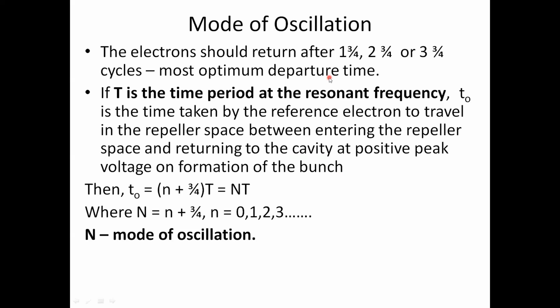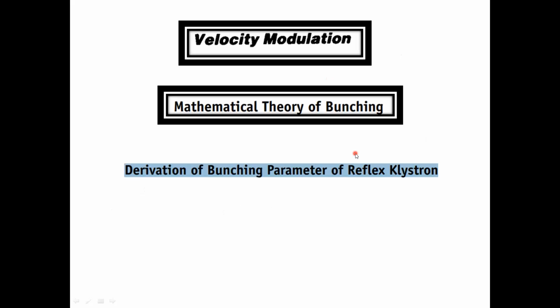Generally the modes here are 1, 2, 3. These modes are helpful to draw the mode characteristics graph for a reflex klystron in further classes. So let me move on to the next slide. In this slide I talk about velocity modulation and the mathematical theory of bunching.